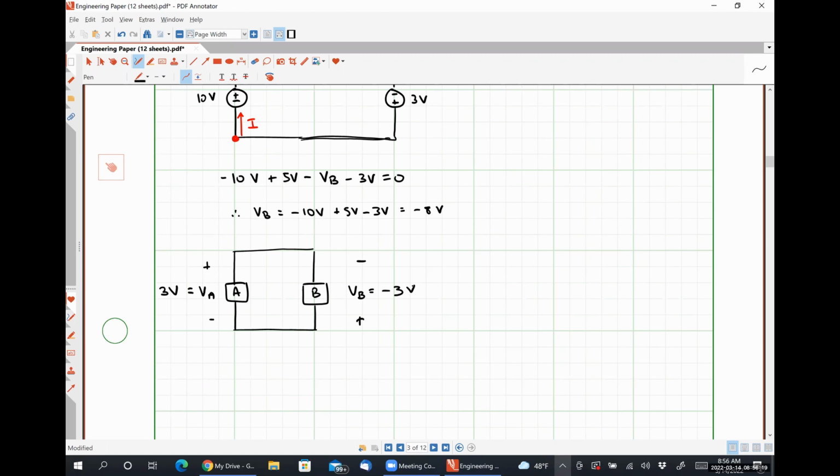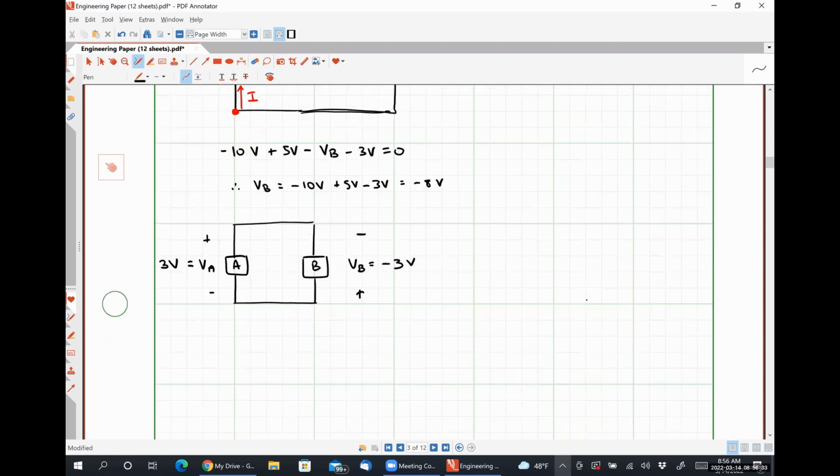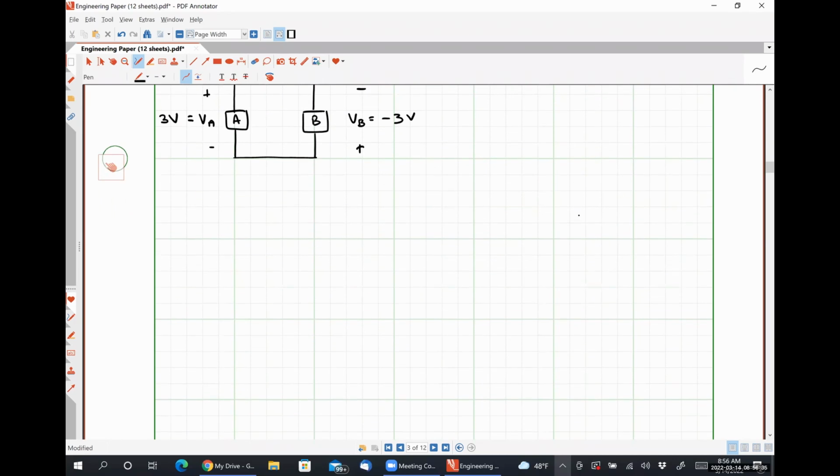All right, so we can also use Kirchhoff's voltage law in conjunction with Ohm's law to do a little bit more rigorous circuit analysis. So let's say that I have the following circuit. Here I have a 120 volt source.